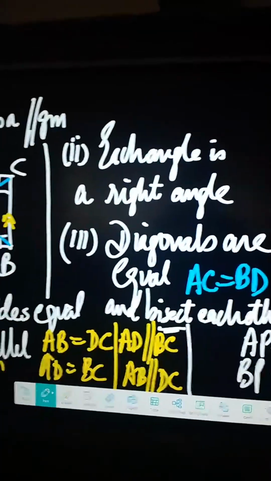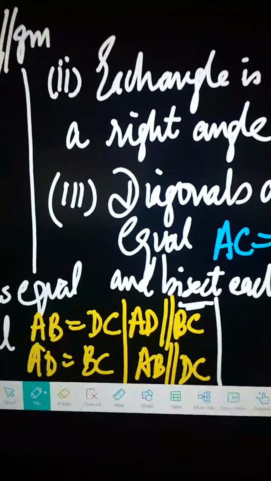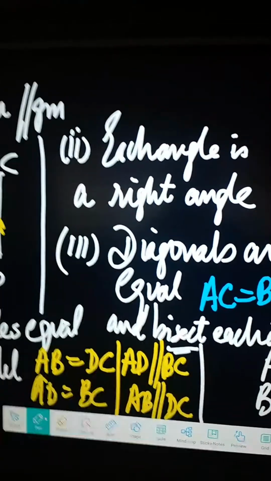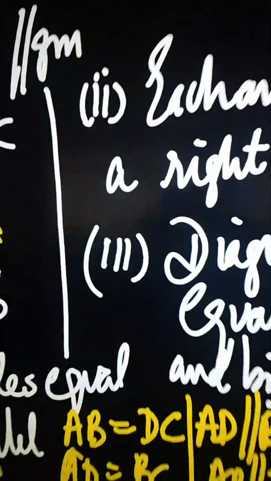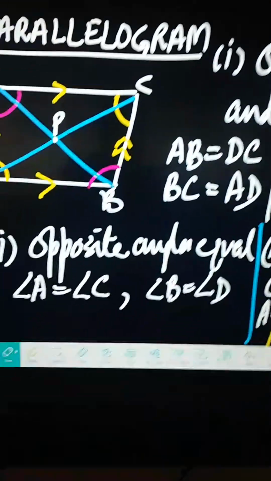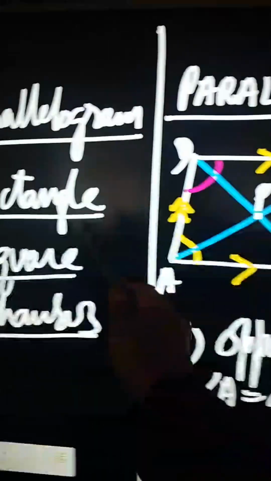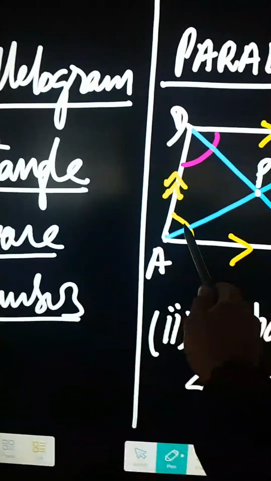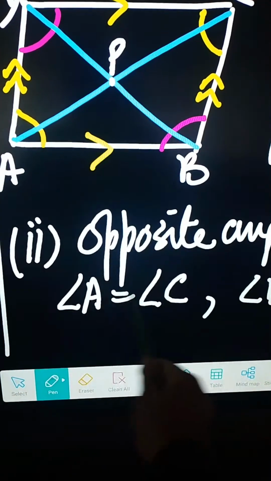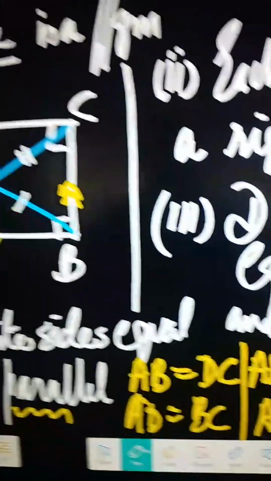So it has opposite sides equal. They are parallel also, which is written here. Each angle is a right angle. We read just now that in a parallelogram, opposite angles are equal. Angle A is equal to angle C. The same thing is there in a rectangle also.